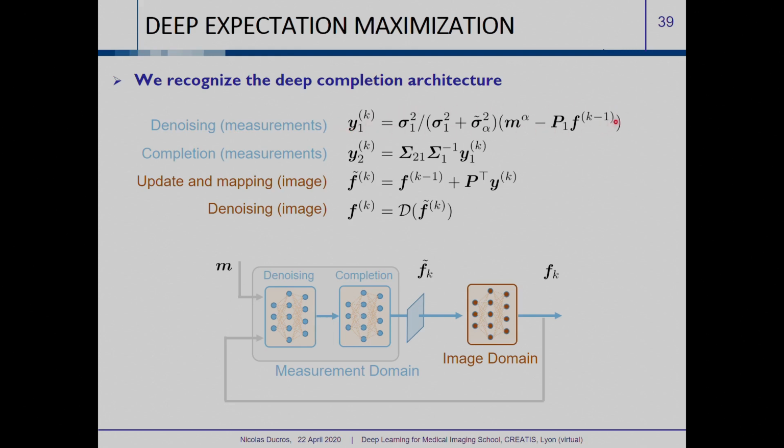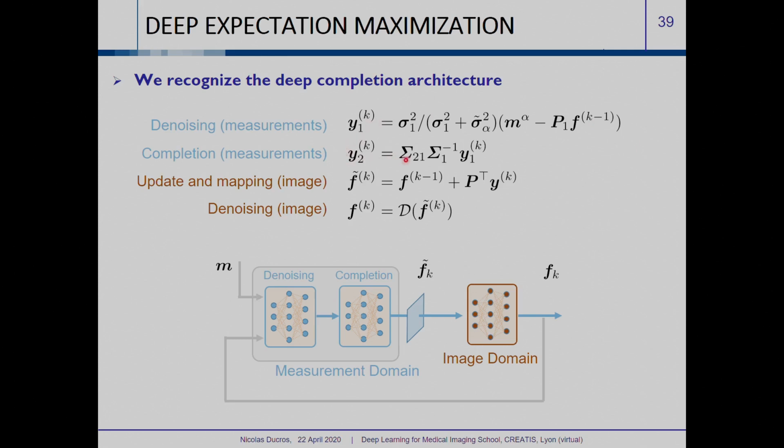We have a denoising step here. We have m alpha minus, so this term is new. So far we haven't considered this term, so you could assume here that f 0, the first iterate, is 0, and you will just get what we had before. So this is a denoising step.